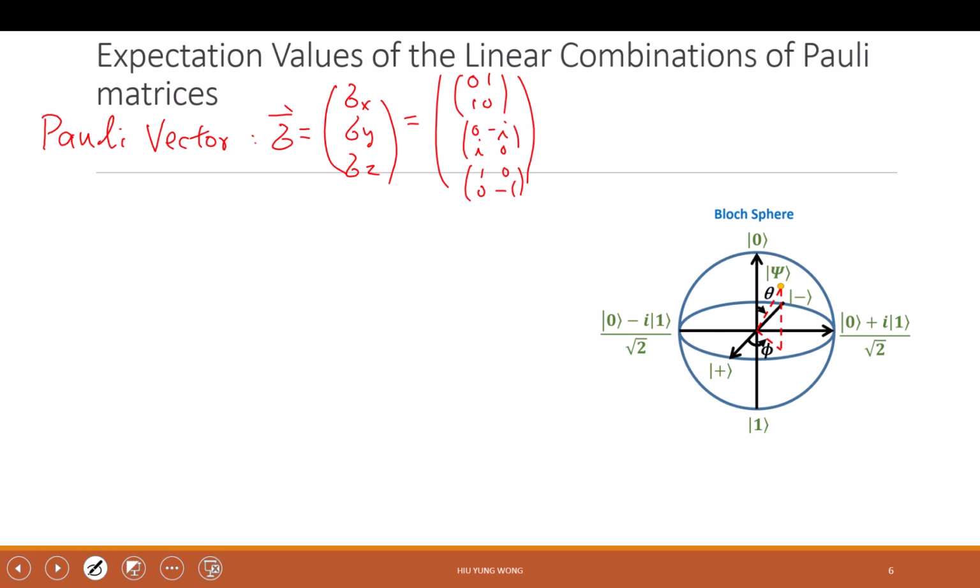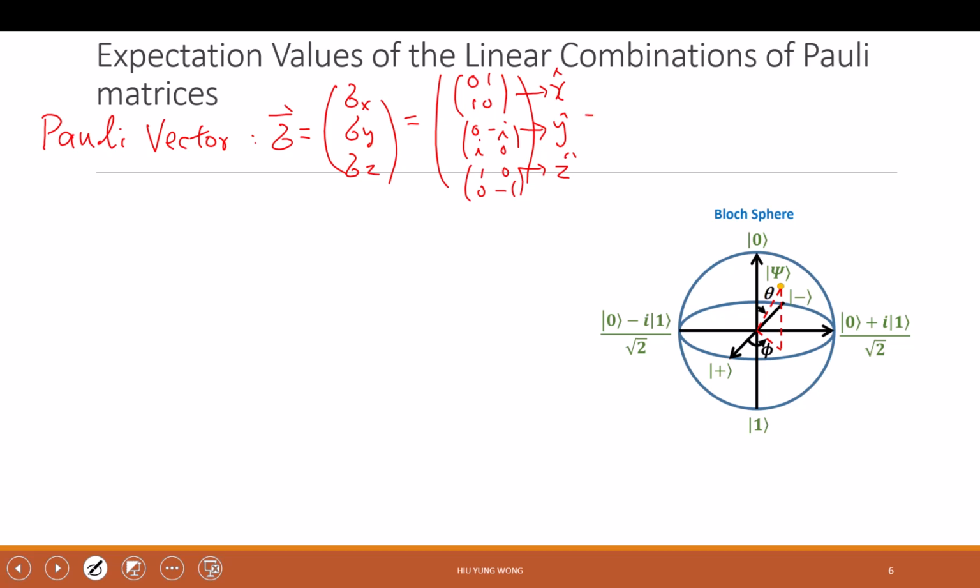But when we say vector, do you still remember? You need to tell me the basis, right? You have coefficient and the basis. So what is the basis of this? I told you, but maybe you forgot. If you forgot, that's fine. X hat, Y hat, Z hat. So again, this is not a vector in our real 3D space, but it does use our real 3D space as the basis.